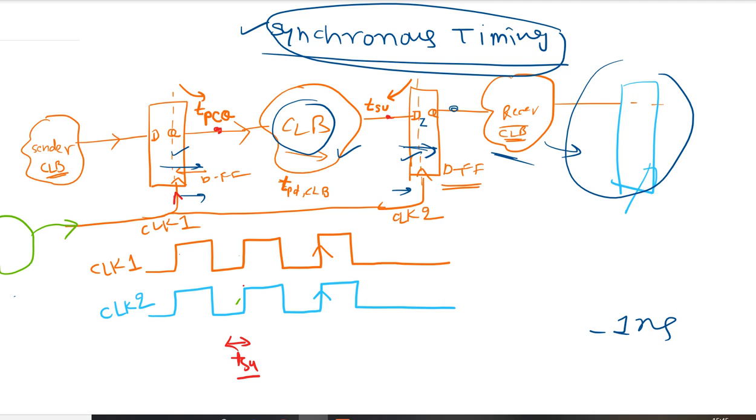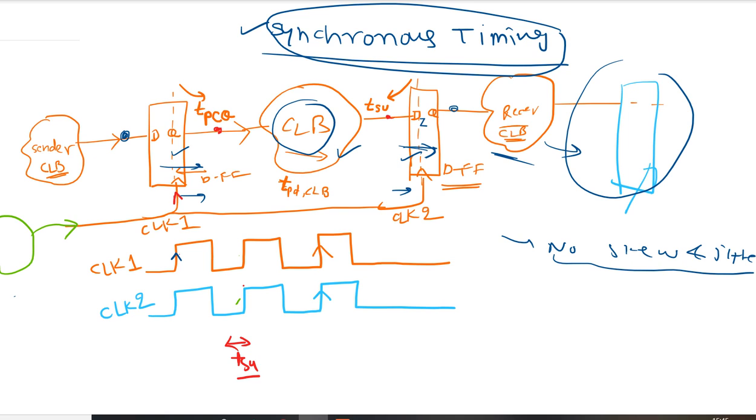So we said in the earlier video that let's say data has come at this point when the rising edge of clock 1 comes. And remember, clock 1 and clock 2 are the same. We have no skew and jitter.